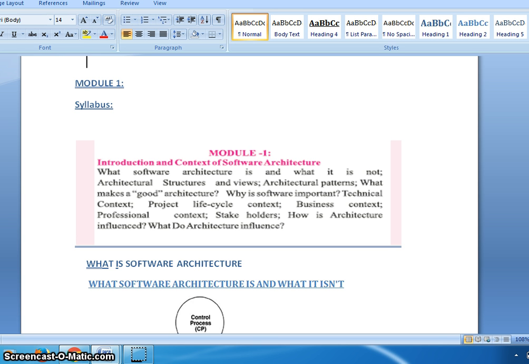The content is like this: what software architecture is and what it is not, architectural structures and views, architectural patterns, what makes a good architecture, why software architecture is important, and technical context, project life cycle context, business context, professional context, regarding stakeholders, how architecture is influenced, and what architecture influences. These are the different aspects we are studying throughout this module.